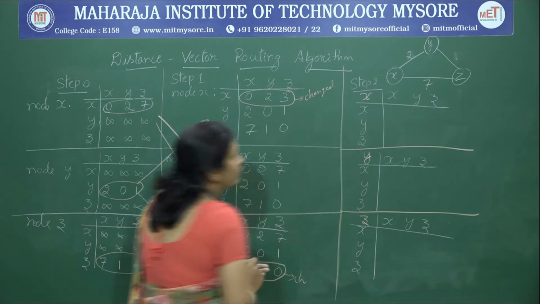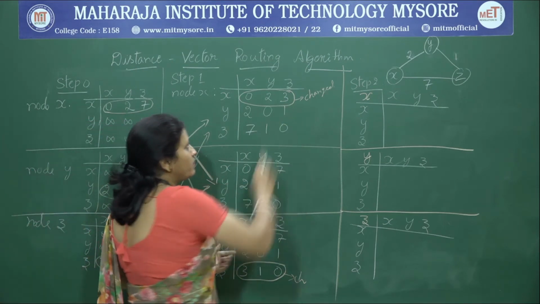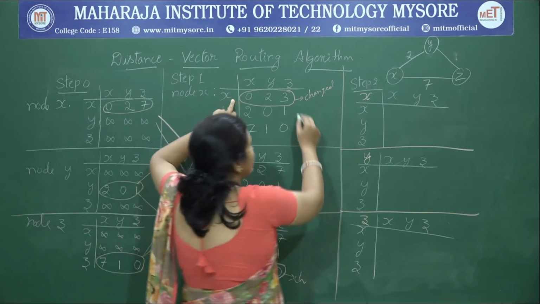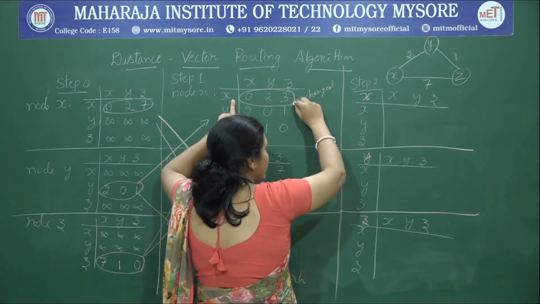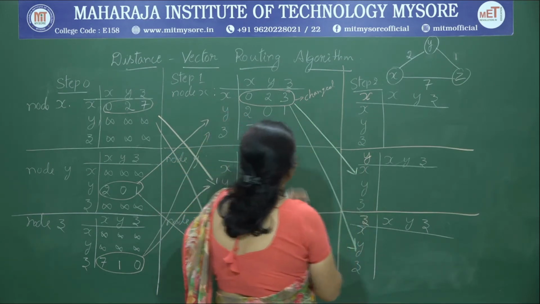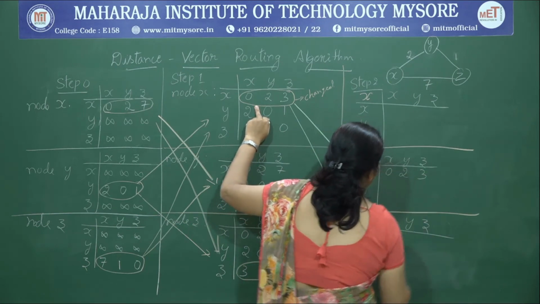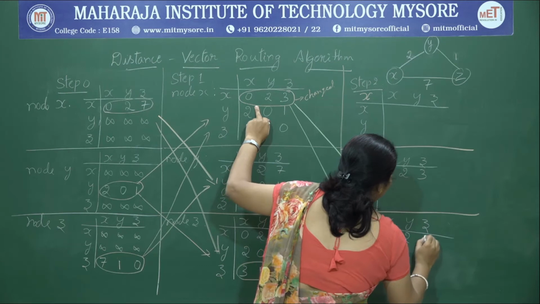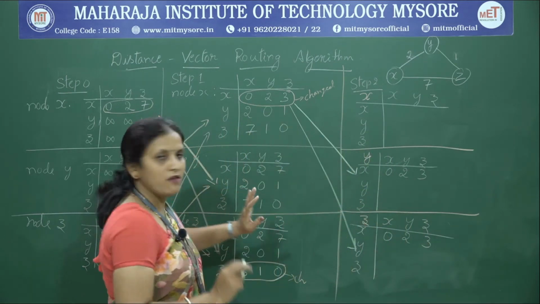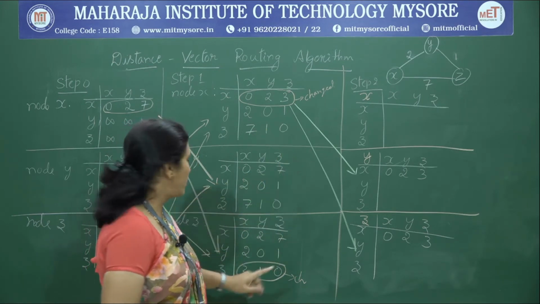Now our distance vector for x is changed, so the distance vector of x is propagated to y and z. We will write the distance vector here, 0 2 3, and y hasn't changed anything, so it is not going to propagate any message to its neighbors.